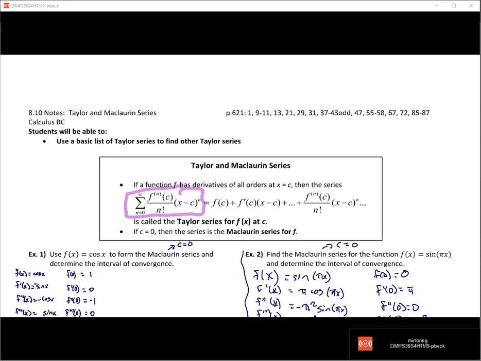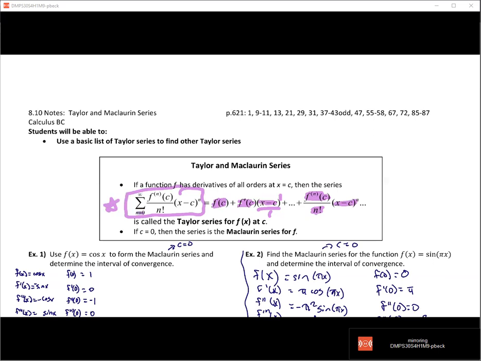If you remember from 8.7, our Taylor series was f of c plus f prime of c times x minus c to the first over 1 factorial, plus f double prime of c, x minus c to the second power over 2 factorial, generically the nth derivative at c over n factorial times x minus c to the nth power, which is where we can put it all together into one overall series.